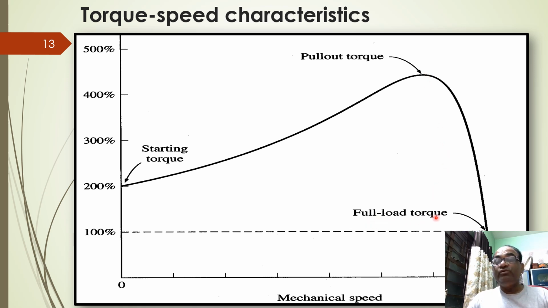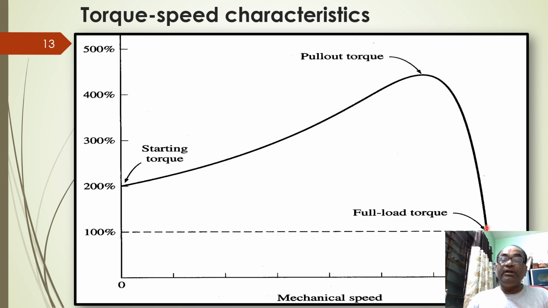The full load torque stands somewhere here. And this is the synchronous speed. So near to the synchronous speed, your motor operates. So this is the full load torque that your motor is delivering.